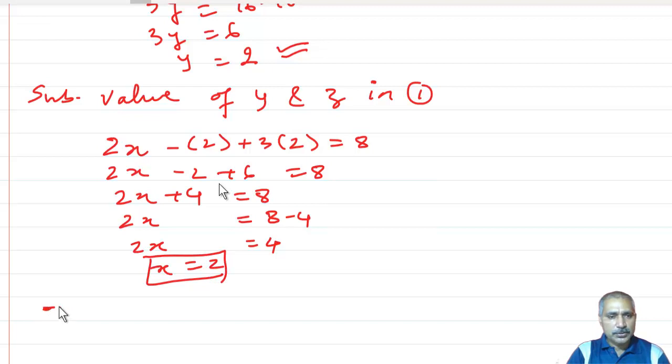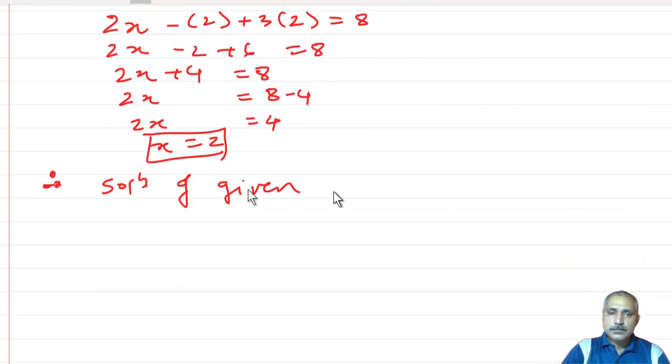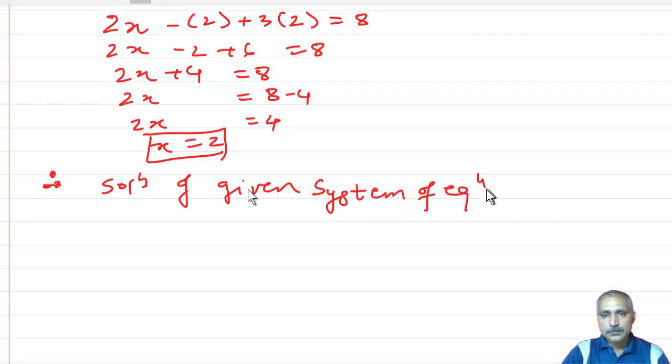Therefore the solution of the given system of equations: x is equal to 2, we got y, and we have z also.